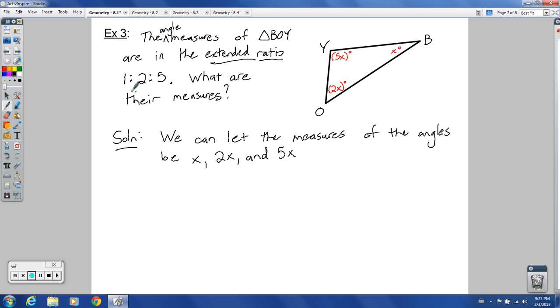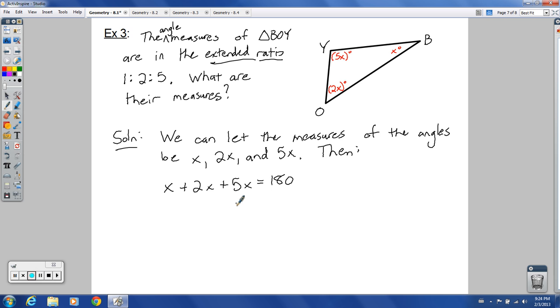Again, that's coming from the 1 is just the plain old x, the 2 is the 2x, the 5 is the 5x. And seeing that that's true, then we can say, well, the angles in a triangle are supposed to add up to 180. So we add these three things, we should get 180. And so we can say that x plus 2x plus 5x equals 180.